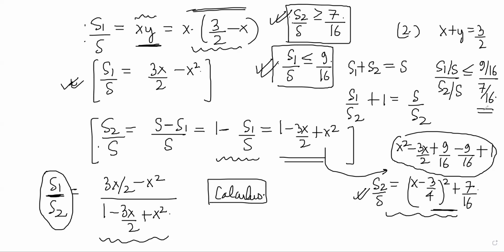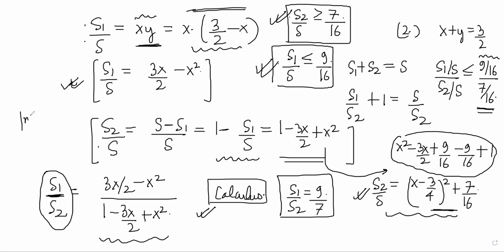This is the maximum possible value that you can get, because in the denominator you have chosen the minimum value of S2 by S, which is 7 by 16, and the numerator you have chosen the highest possible value of S1 by S, which is 9 by 16. So from here I am directly getting S1 by S2 to be 9 by 7, which is the correct answer, and you can also verify it using calculus.